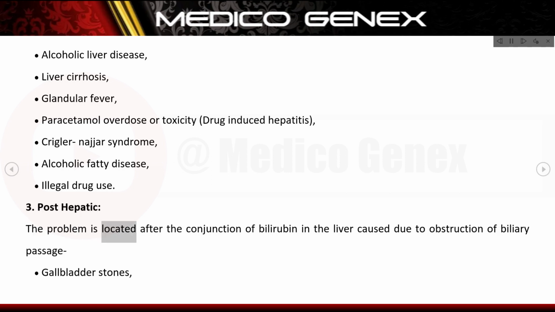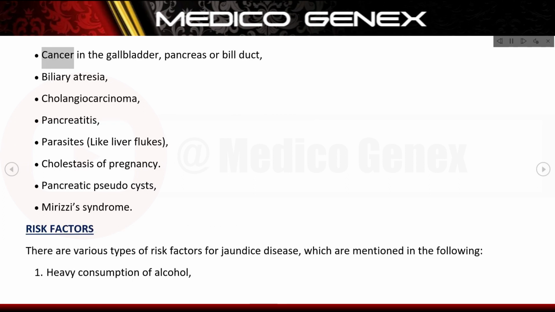The problem is located after the conjugation of bilirubin in the liver, caused due to obstruction of biliary passage, gallbladder stones, cancer in the gallbladder, pancreas or bile duct, biliary atresia, cholangiocarcinoma, pancreatitis, parasites like liver flukes, cholestasis of pregnancy, pancreatic pseudocysts, Mirizzi's syndrome.